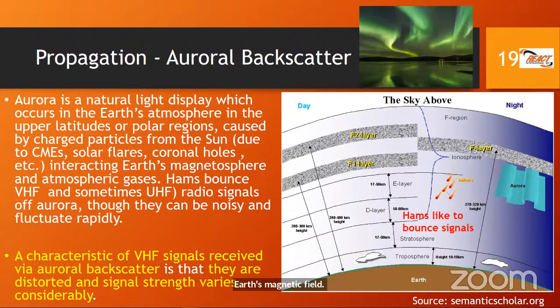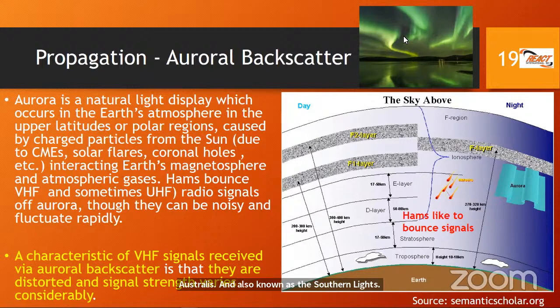So on your screen, the top here, that's an example of what an aurora looks like. Of course, you have the one in the northern hemisphere and you have one in the southern hemisphere. It's actually called aurora borealis. That's the northern version and sometimes called the northern lights. And you have the southern version called aurora australis, also known as the southern lights.